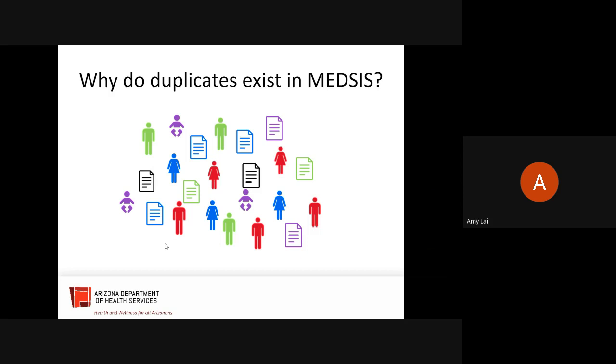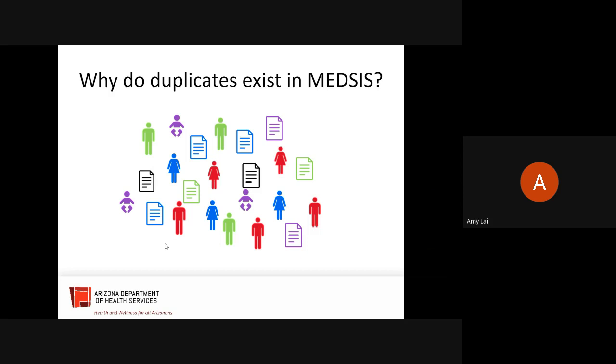Which means that if the lab received the test from the provider and did the reporting, they'd report directly into MEDSIS, or it comes through ELR. Because the reporting facility is different, the provider who is reporting can't see that record that's already reported by the lab. So that's why we have duplicates.